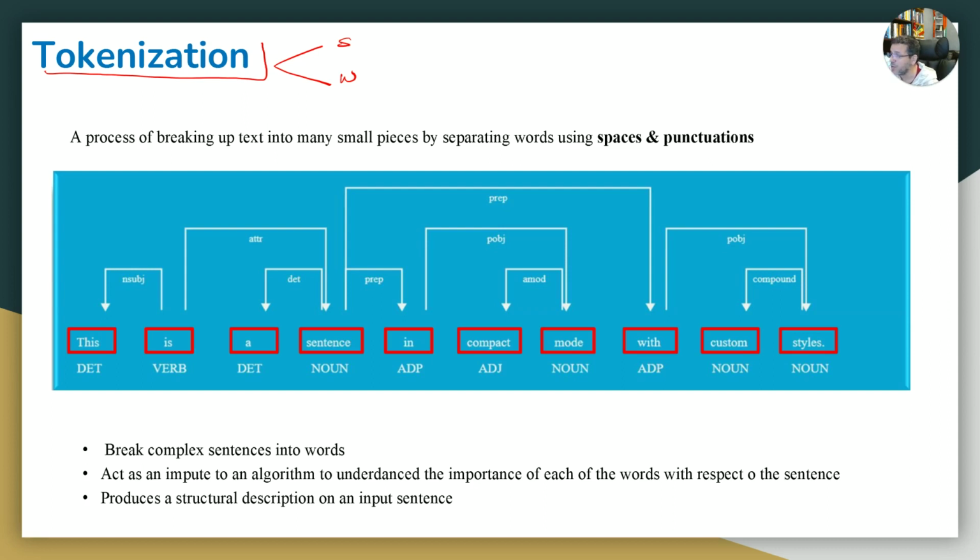And the same applies to words. So tokenization is breaking up your text into small pieces by separating words with a space and punctuation. Okay, that is the very first thing we're gonna do. And today I'm going to show you a demo of how we can do that.